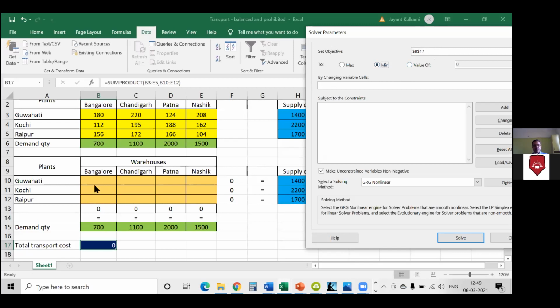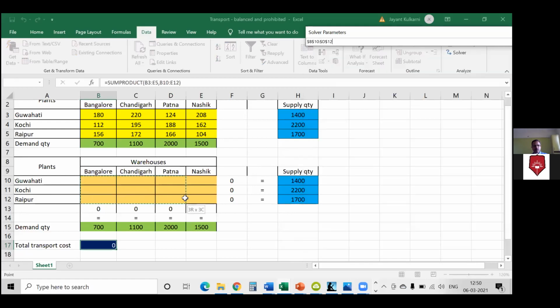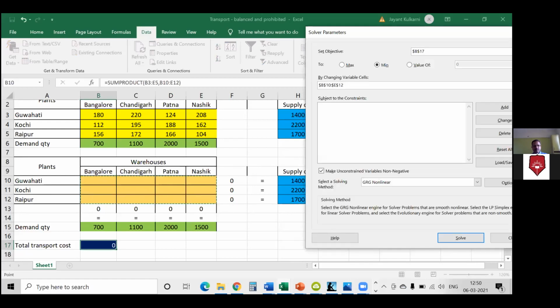By changing what? By changing the quantities that you are going to send from each of these plants to each of these warehouses. So in By Changing Variable Cells, put your cursor there and select the entire quantity matrix, because you achieve minimum transport cost by changing the quantities sent from these plants to these warehouses.